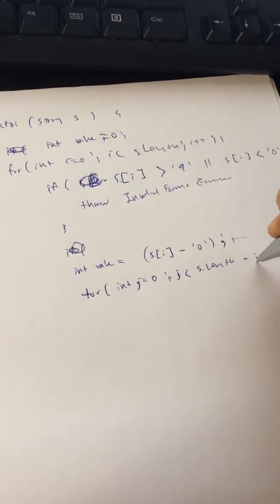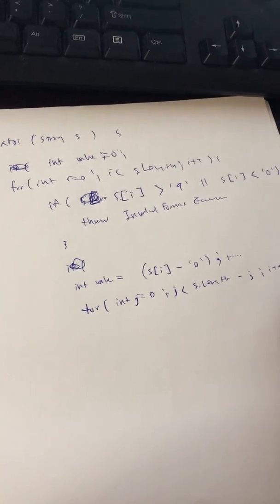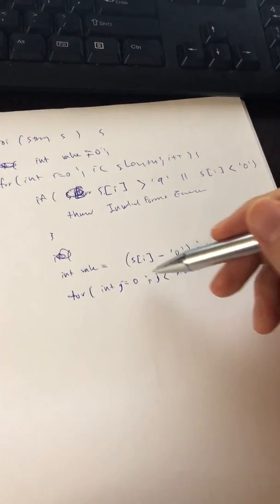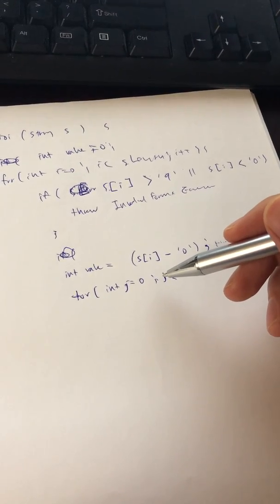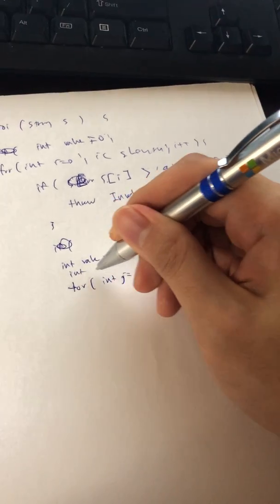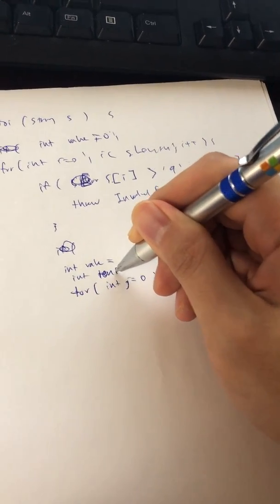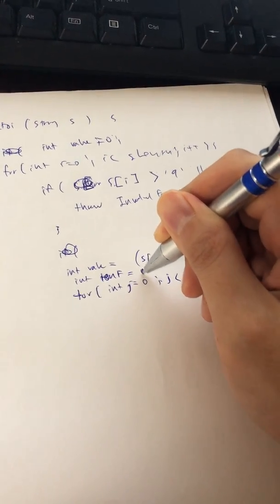What I'm doing is getting the 10th factor, the power factor. If it's 0, it's going to be 1 essentially. So int f stands for the factor.